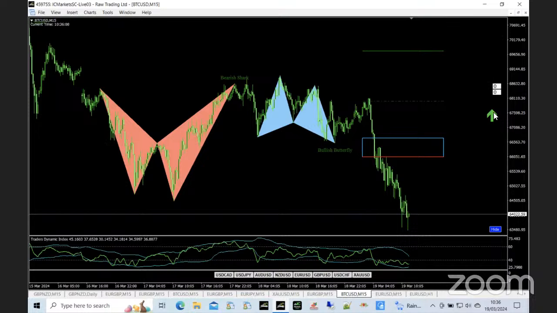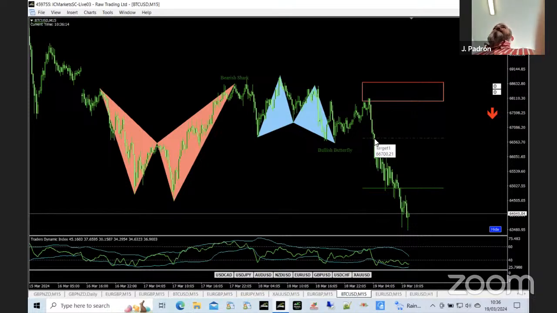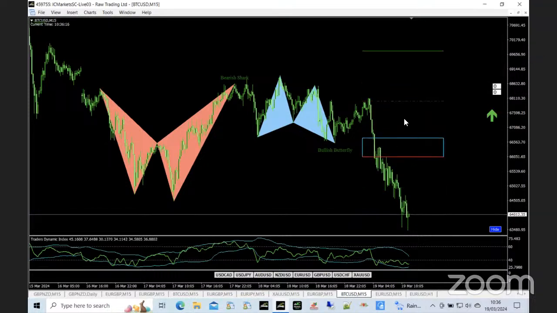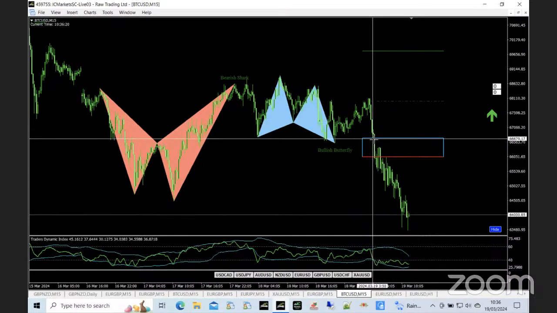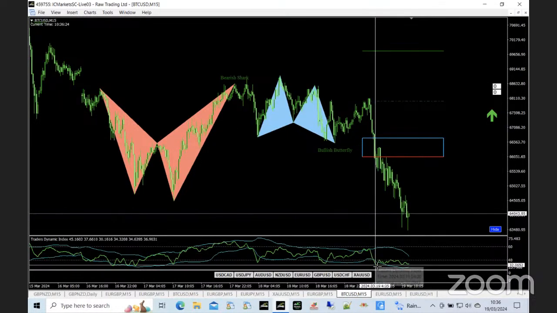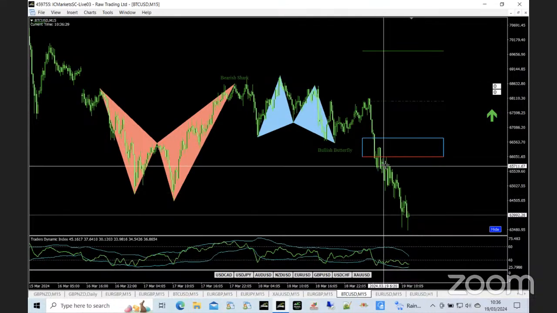However, we would have chosen to take this one first because it happened first. Now, if you want to get out of the trade, we wouldn't have got out of the trade until we have a valid reason. So this was the valid reason, but it happened below the stop loss.